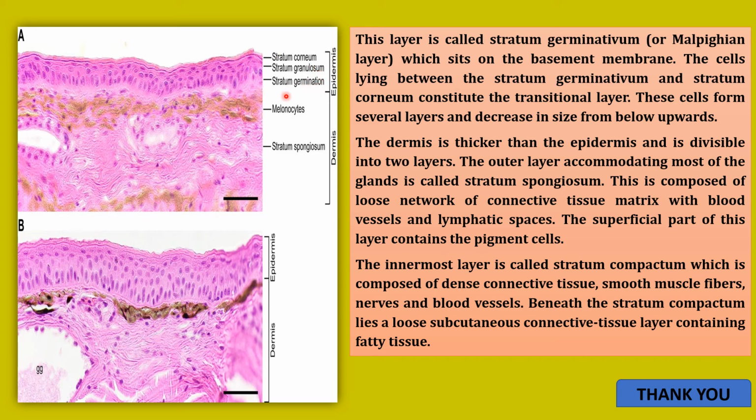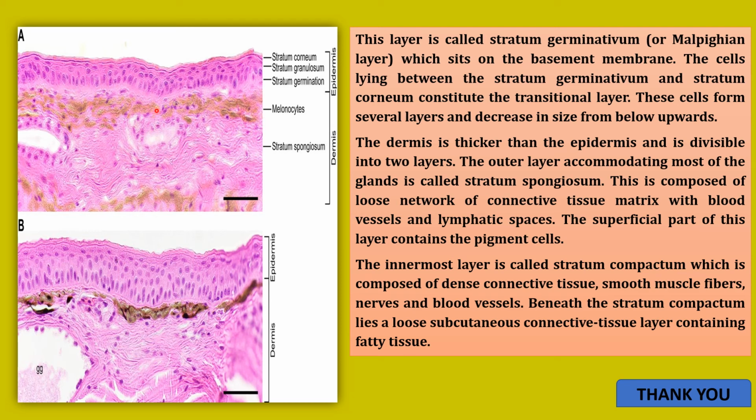The third one is stratum germinativum, which is the last part of epidermis. These three are transitional layers so that they can change. Now the next one is a separation layer that contains chromatophores or pigment cells, and melanocytes.